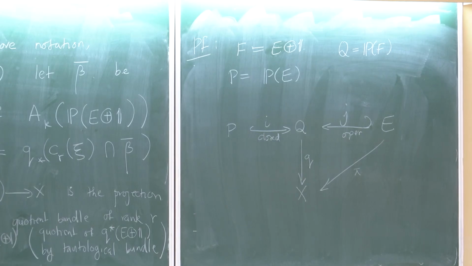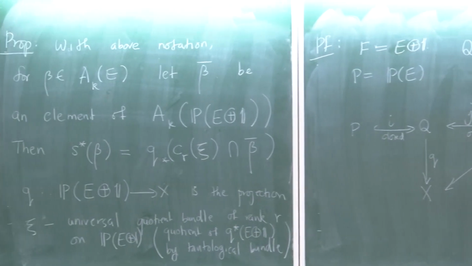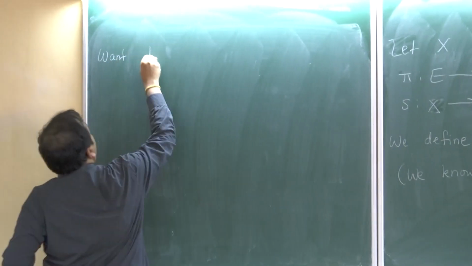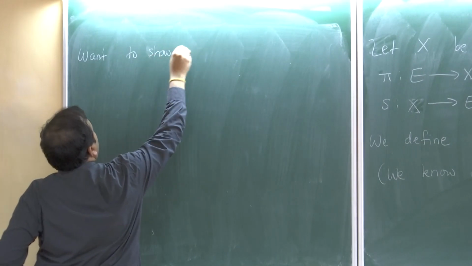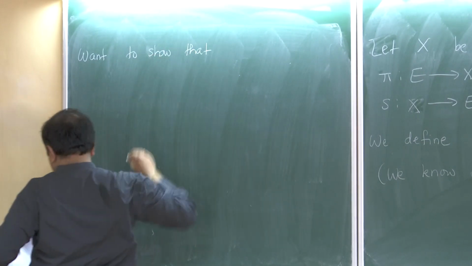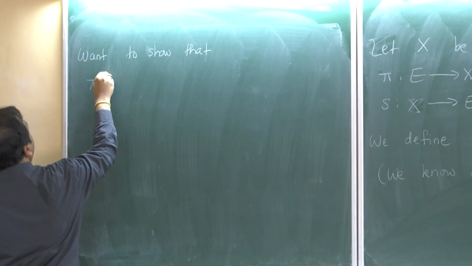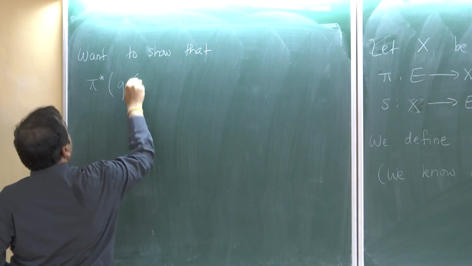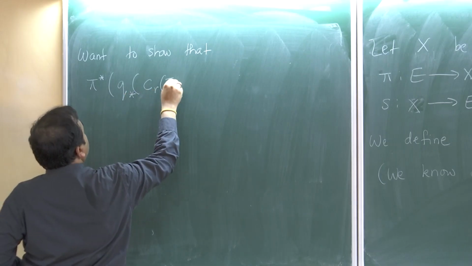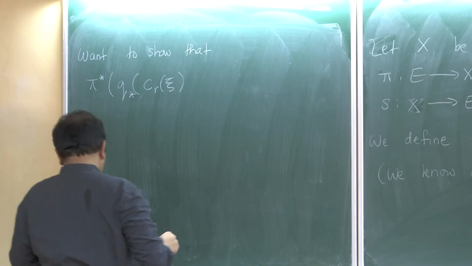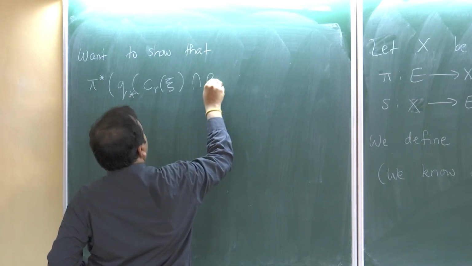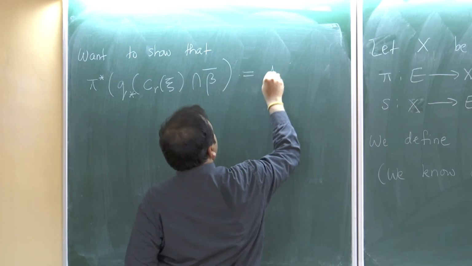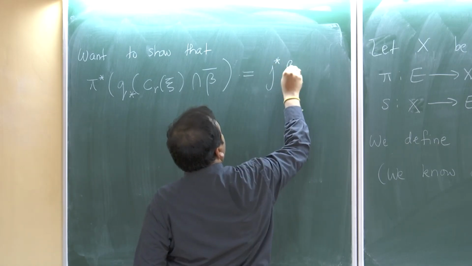So what we want to do is we want to show that pi upper star of Q upper star of C_R of psi capped with beta bar is equal to J upper star of beta bar.